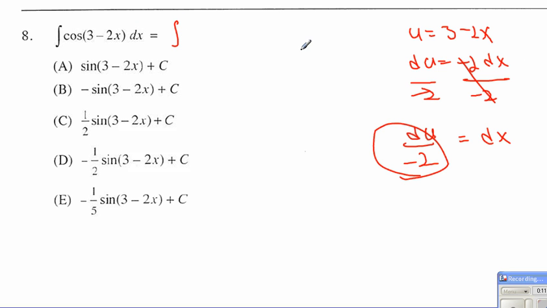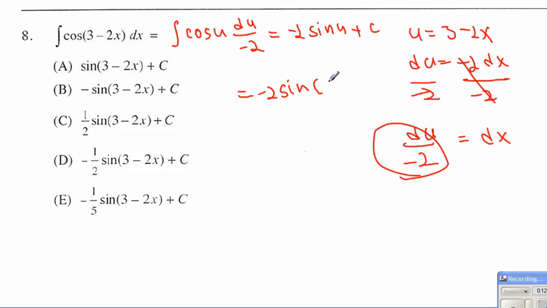Then this becomes the integral of cosine of u, and then du over negative 2. Now, negative 2 can go to the front. Then we end up getting negative 2, and then sine of u plus c. Now, how can I get that? Negative 2 sine of u, in this case, was 3 minus 2x.